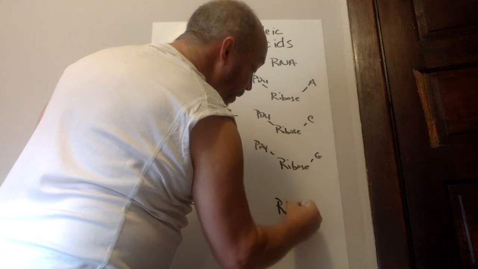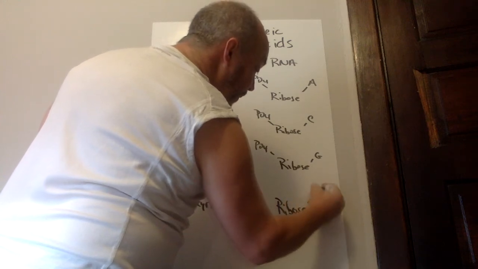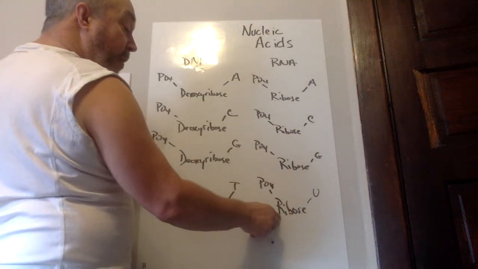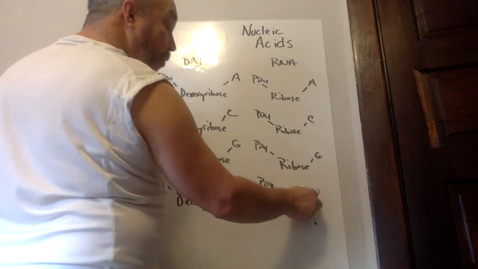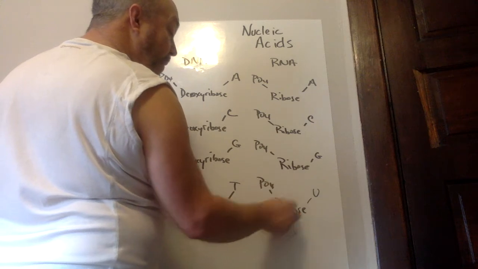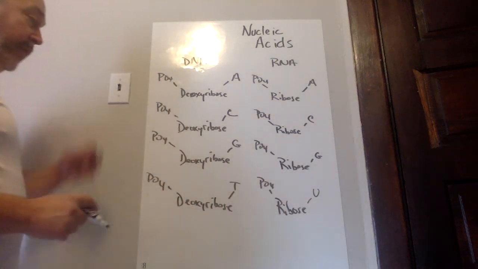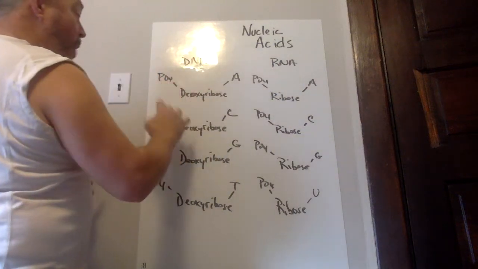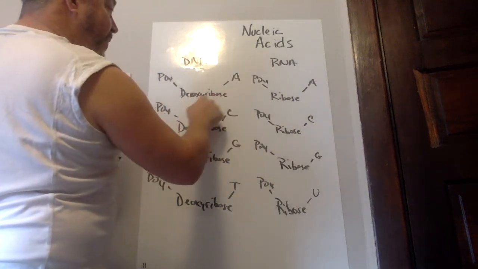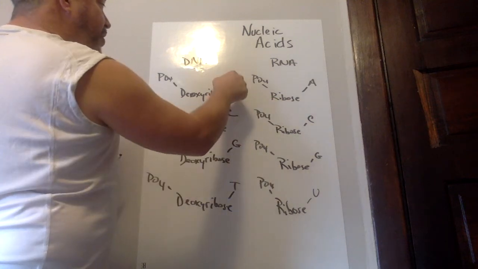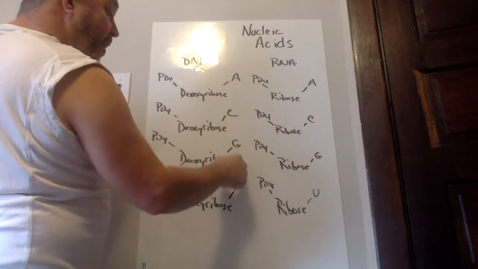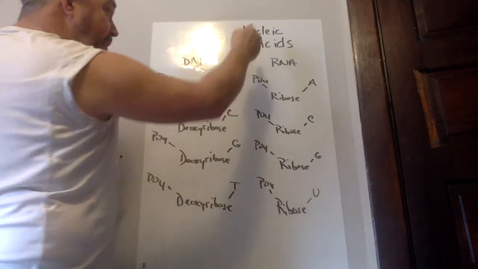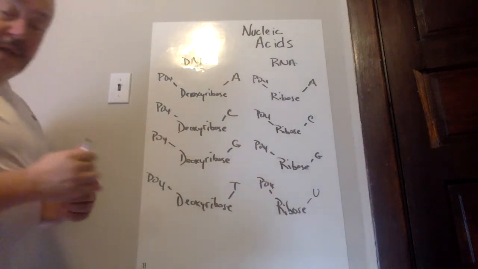Or this one, which we can tell the difference because it only appears in RNA: ribose with a uracil, so this would be an RNA uracil nucleotide. So the only thing that changes between RNA and DNA always is the 5-carbon monosaccharide. The thing that changes between the nucleotides is the nitrogenous base. So the nucleotides can be DNA nucleotides or RNA nucleotides.